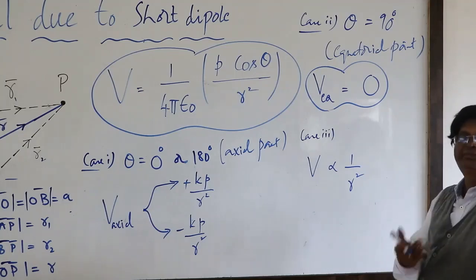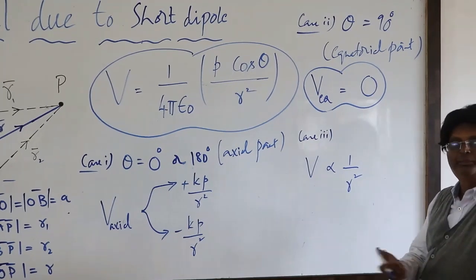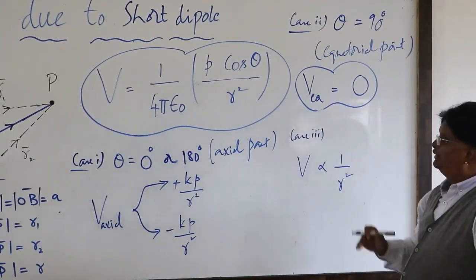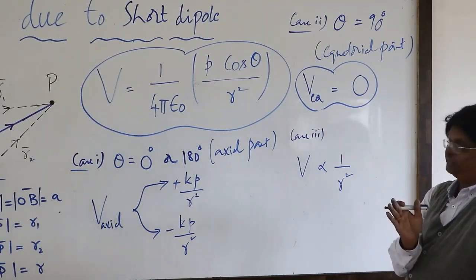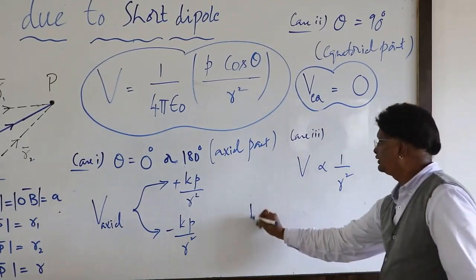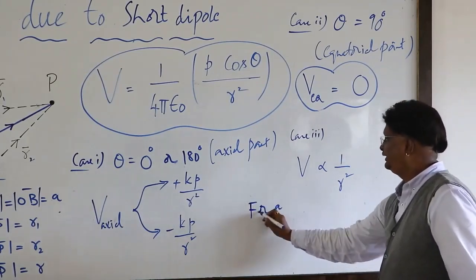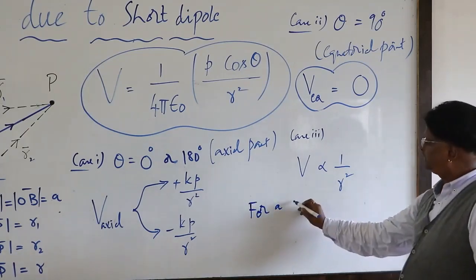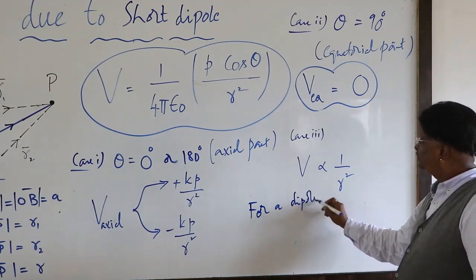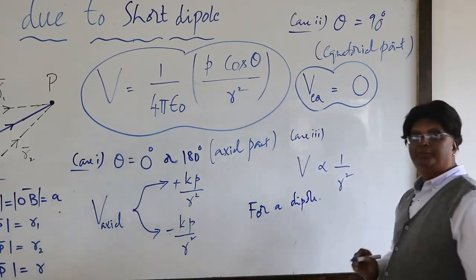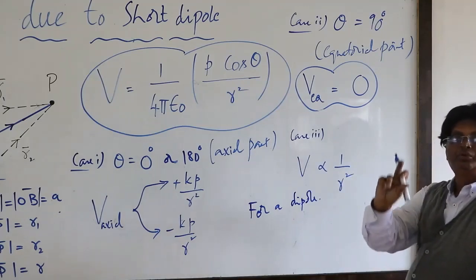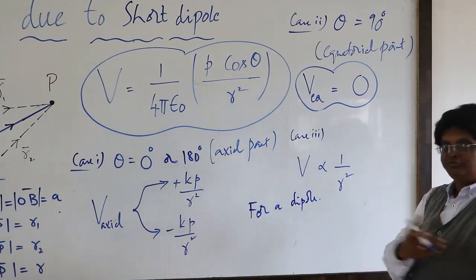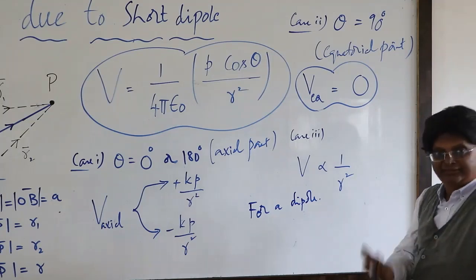Sometimes points are at different distances, and the angle is also there. Therefore, when an example is given in CET or NEET or even in JEE for a dipole, one result you can see from here: supposing for a given dipole, two different positions, comparison of potentials.